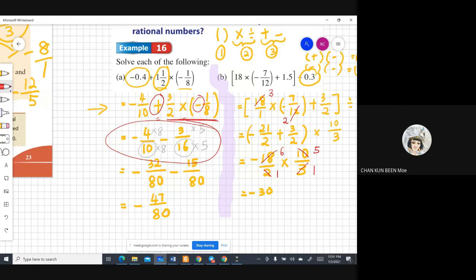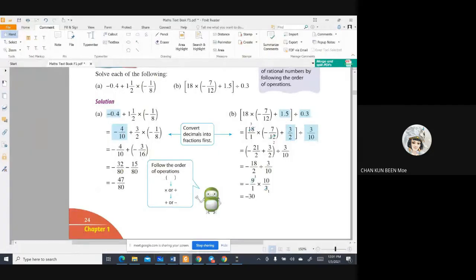But in your book, you can see that this part, they didn't change it yet. Why? Because they use the 3 over 2 multiplied by 1 over 8, they get 3 over 16. Then they copy down the negative sign from the 1 over 8 here. So that's why they have a bracket outside. But then there is another positive sign outside.